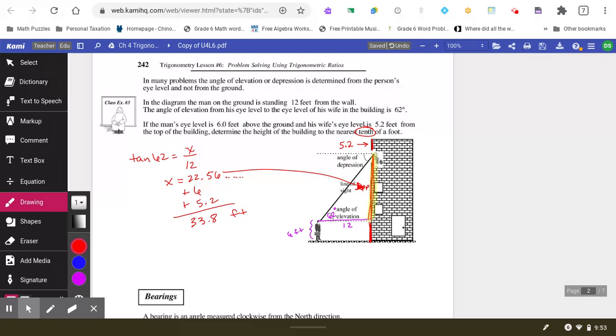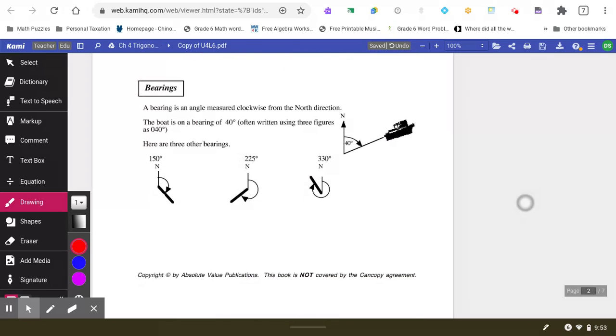Okay? All right. This bearings thing is a new deal that you might not have heard before. This is how my husband does his aviation stuff. So this is a new idea, a new concept. It says a bearing is an angle measured clockwise from the north direction. So we always draw the north line, and then you go clockwise this way, 150.